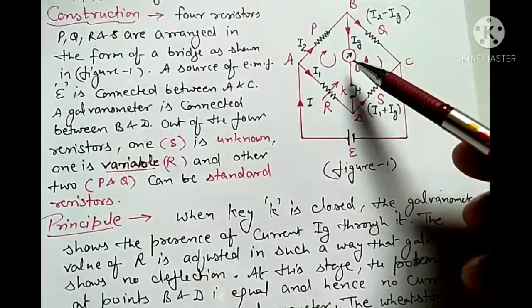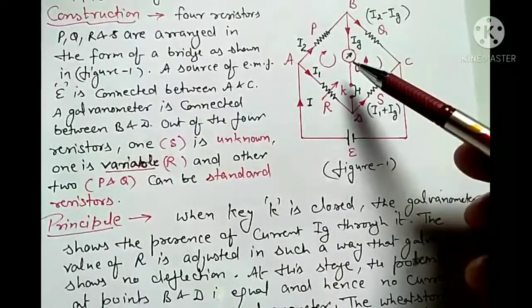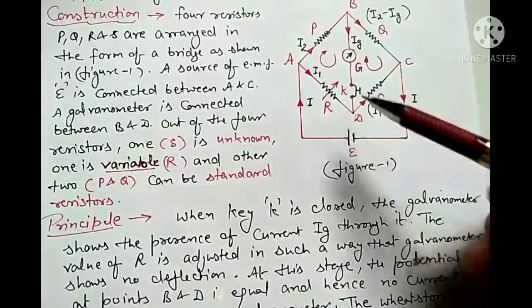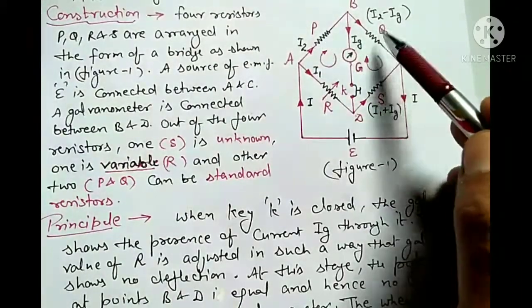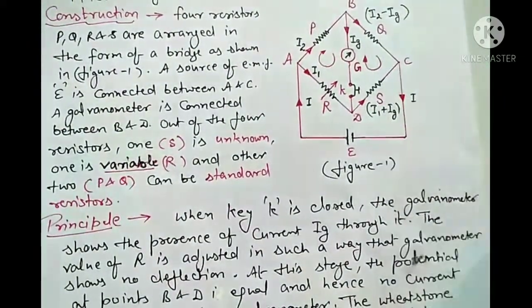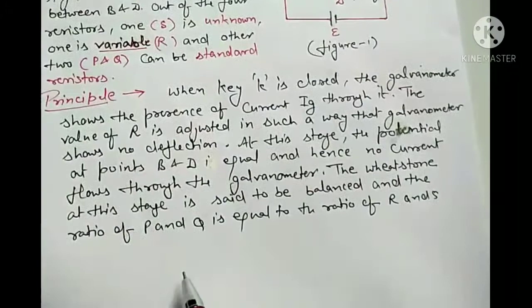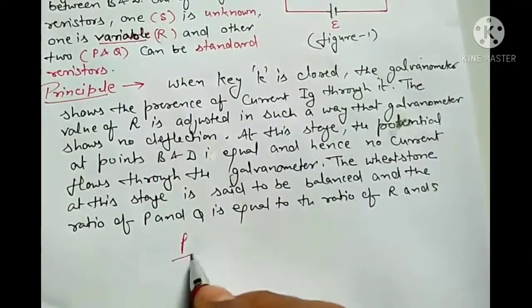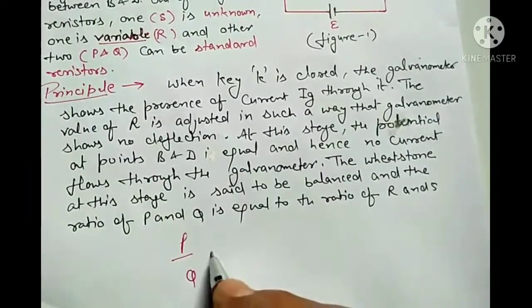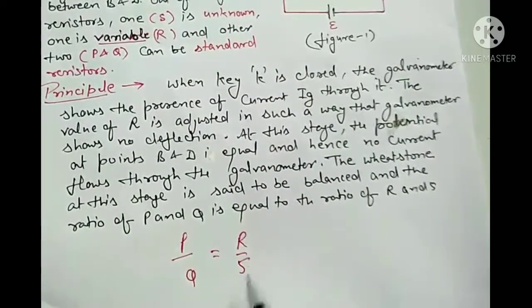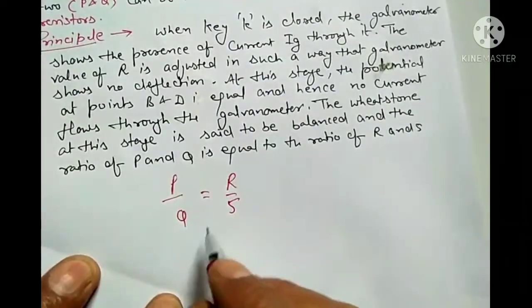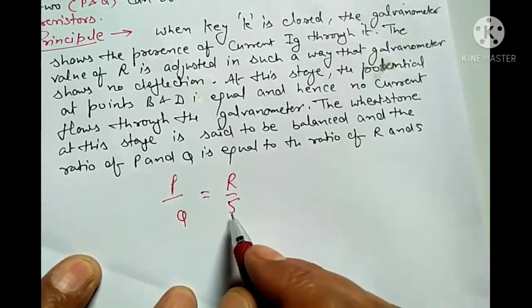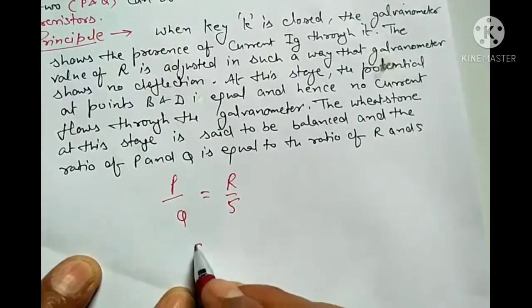At this stage, the Wheatstone bridge is said to be balanced, and the ratio of the resistors P over Q is equal to R over S. So in the balanced condition, the ratio of two resistors, P over Q, is equal to R over S. Now rearrange this. Here we can take S as the unknown resistor.